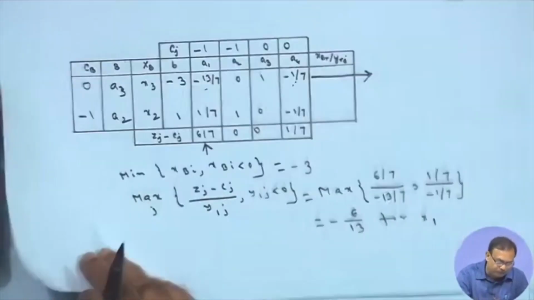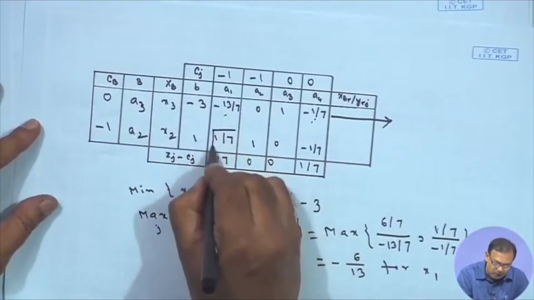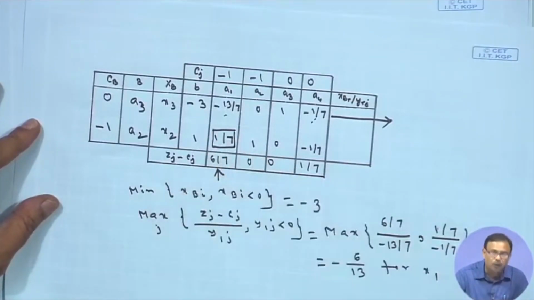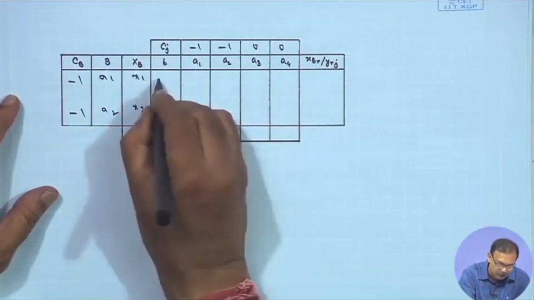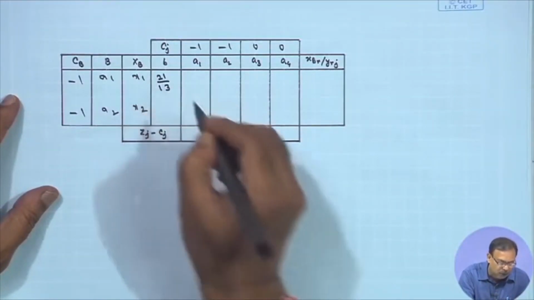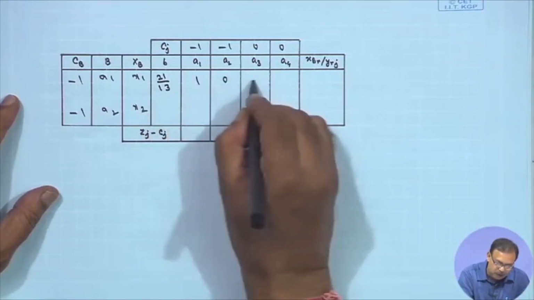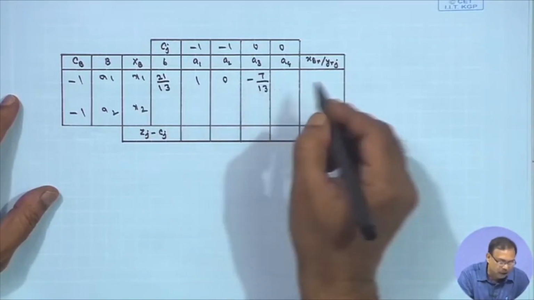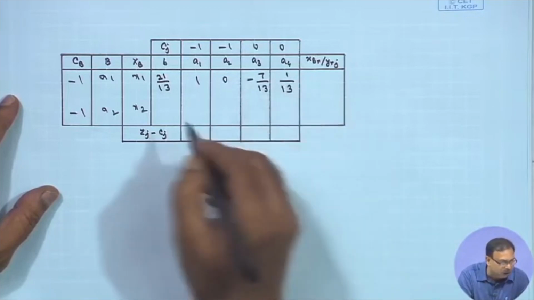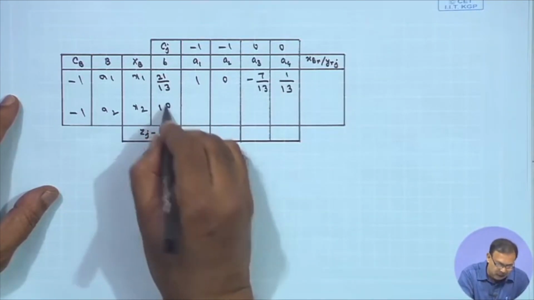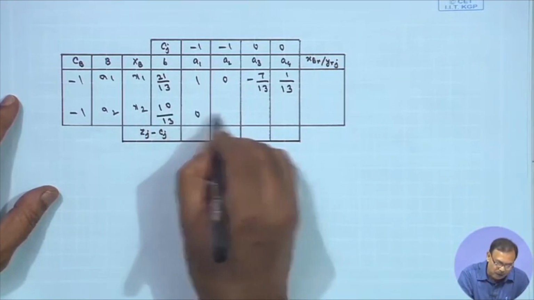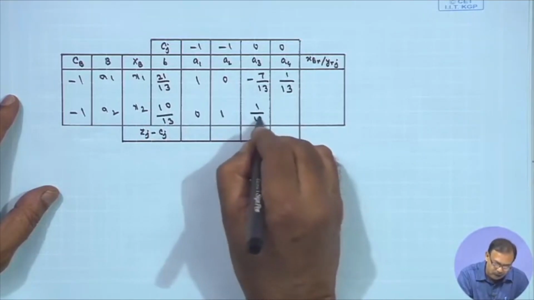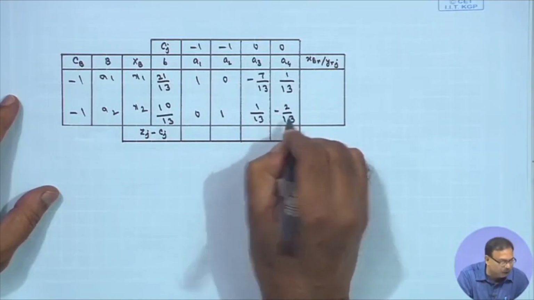Here again your pivot element is this one, 1 by 7. So, I will make this one 1. I am writing again 21 by 13, 1, 0, minus 7 by 13, and a 4 is 1 by 13, then 10 by 13, 0, 1, 1 by 13, minus 2 by 13.